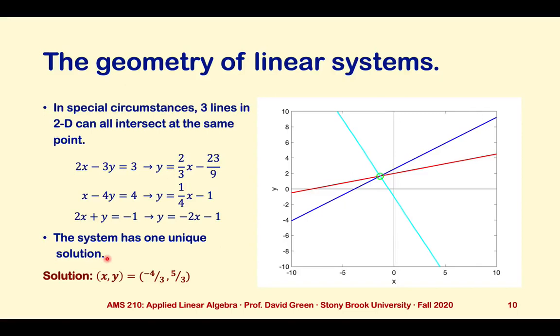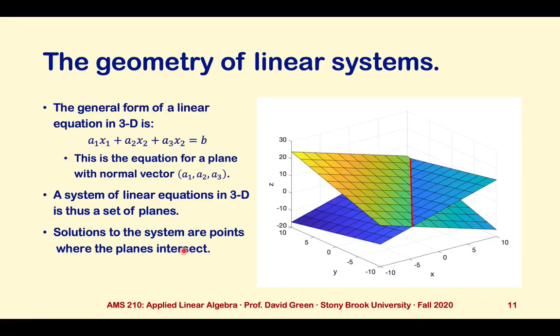The system has one unique solution, at -4/3 and 5/3. All right, so those are a number of examples in 2D with sets of lines, 2 lines, 3 lines, with intersections, without, and so on, to give you a flavor of what linear systems in 2D look like and what the solutions might look like.